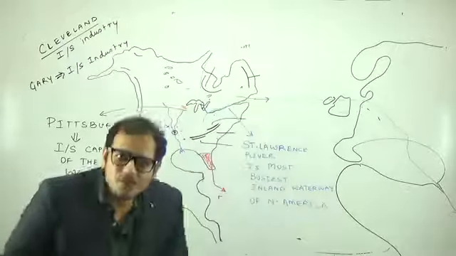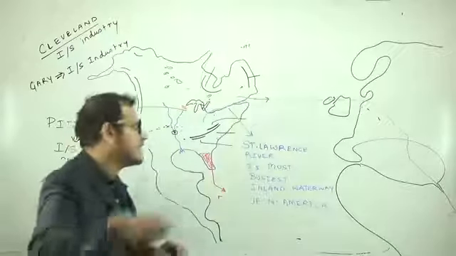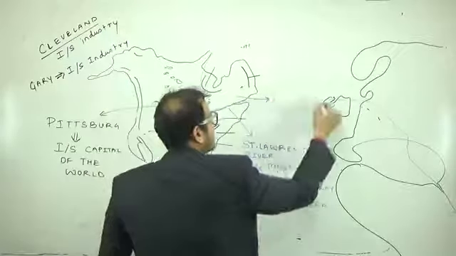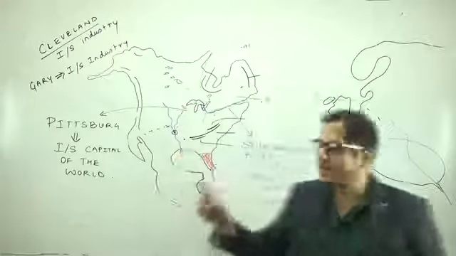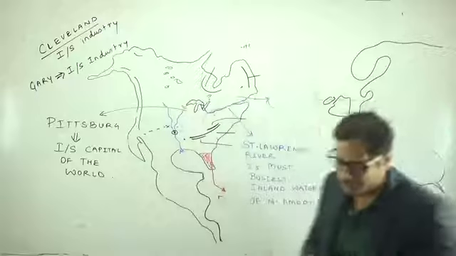And which is the busiest sea route in the world? This North Atlantic region is the busiest sea route in the world. It connects two of the most developed regions of the world.